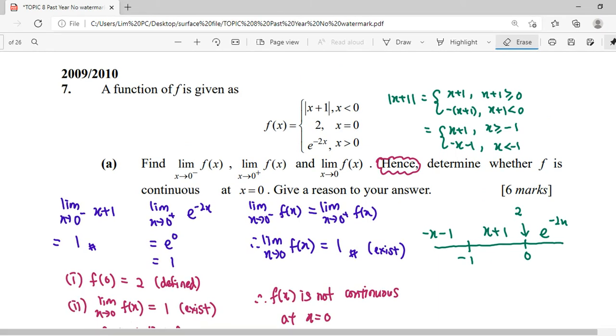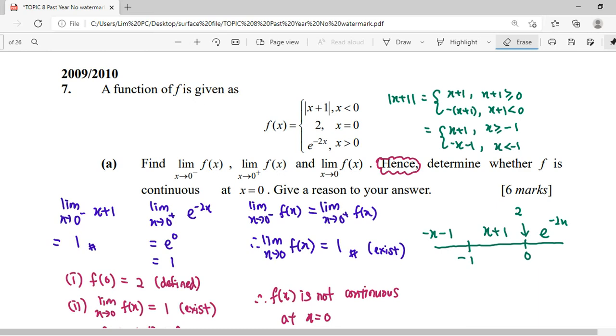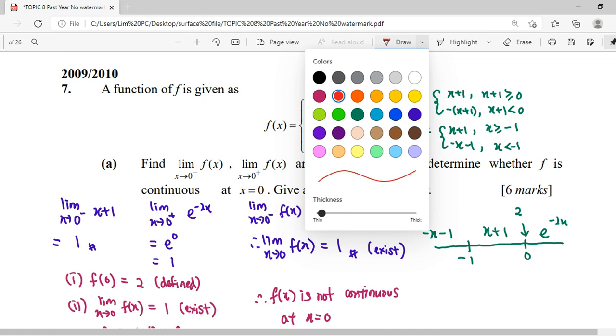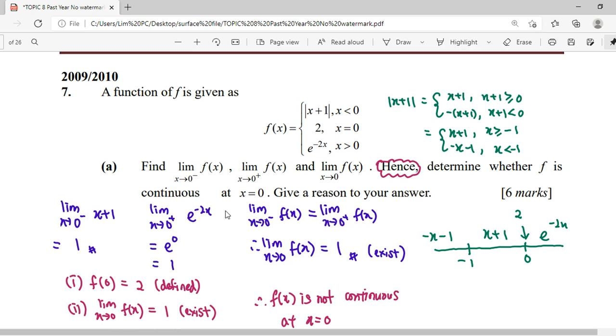Okay, so these are important marks. It will be the first part, expressing our modulus function in piecewise.